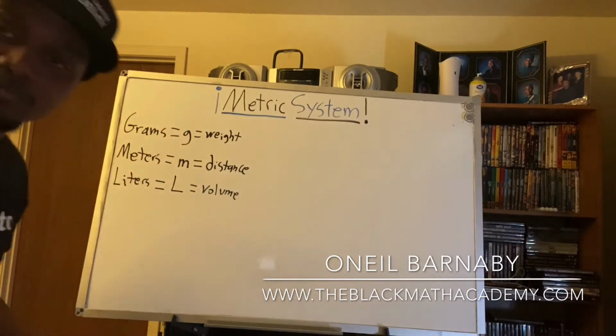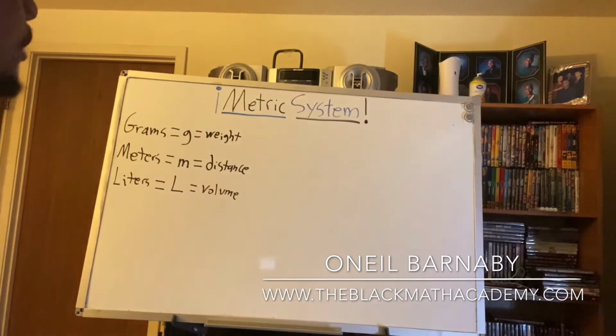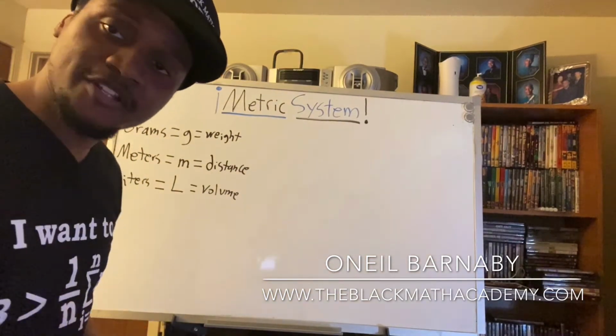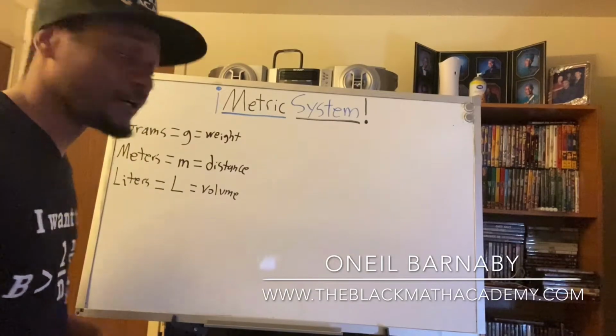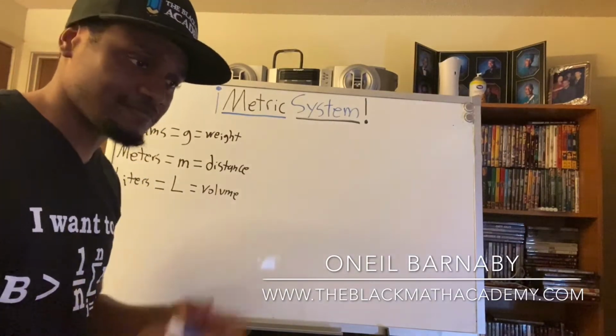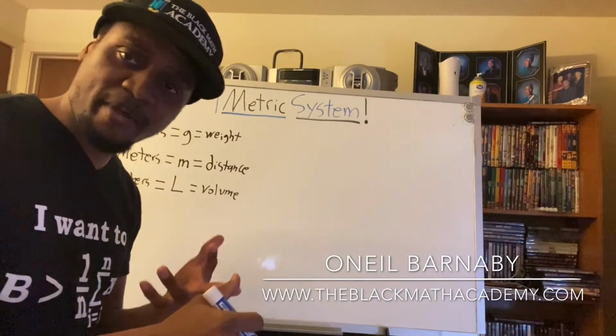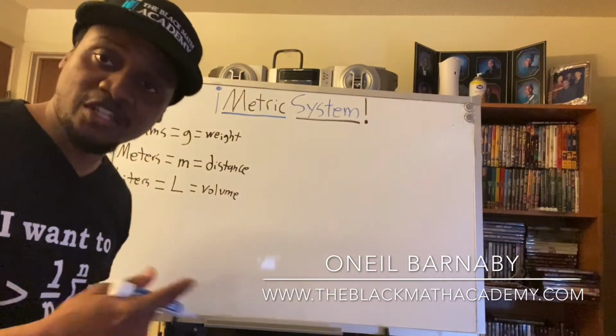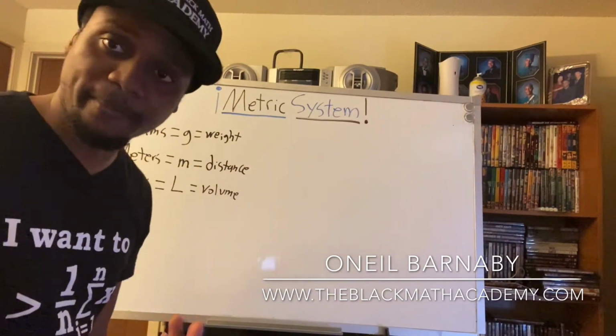and volume, respectively. So a good way to help remember the metric system and how it operates is this mnemonic. A mnemonic is just a fancy way of saying some letters, numbers, or some pattern to help you remember something. So like PEMDAS, P-E-M-D-A-S, that would be an example of a mnemonic.